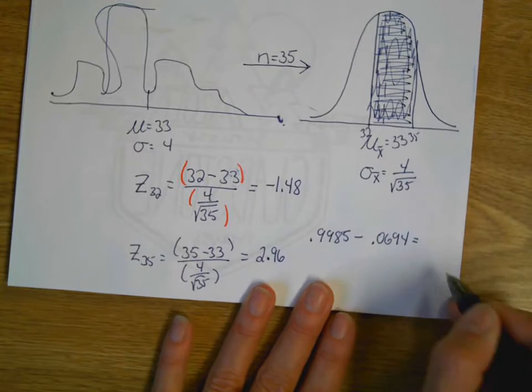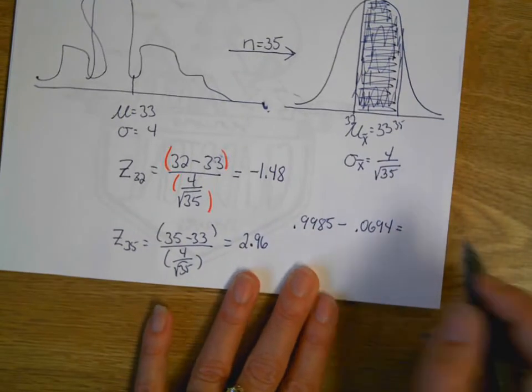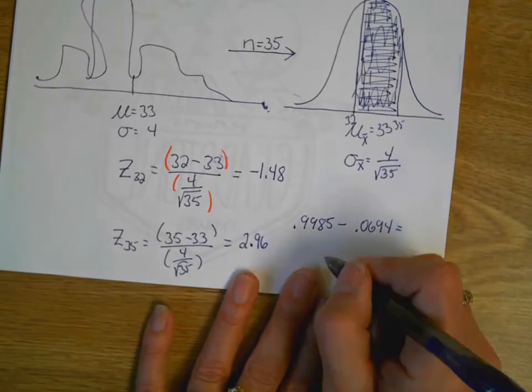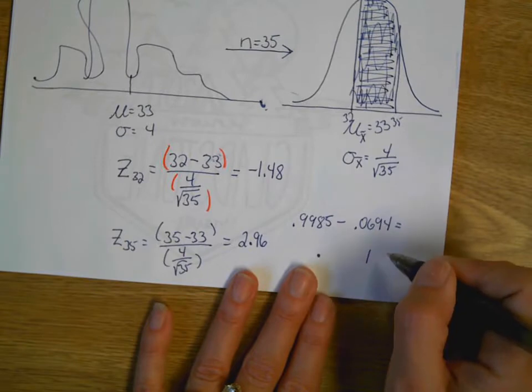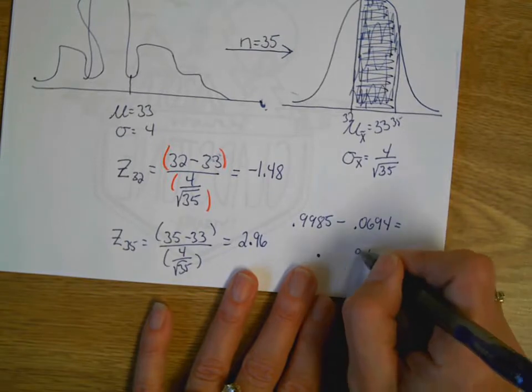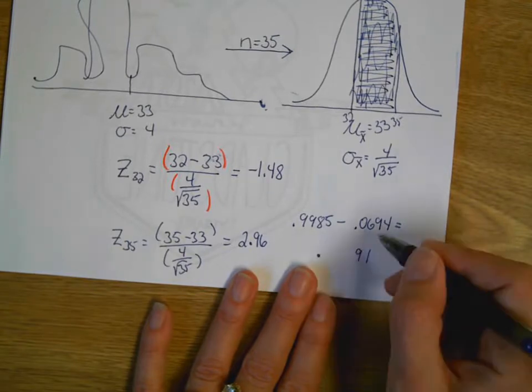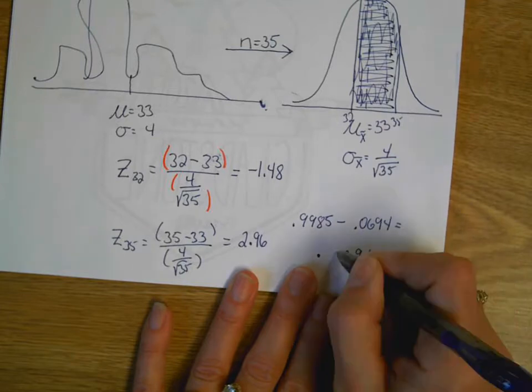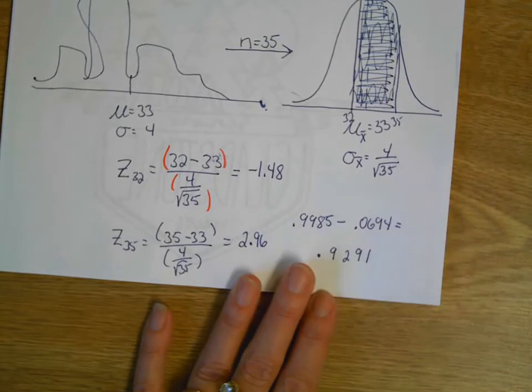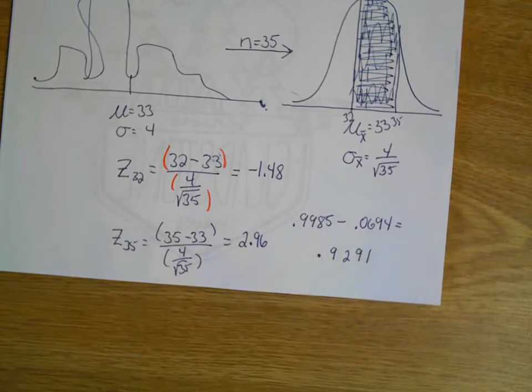Do a little subtraction, and then we'll have our probability. .9291. Okay, so that's what we're doing today.